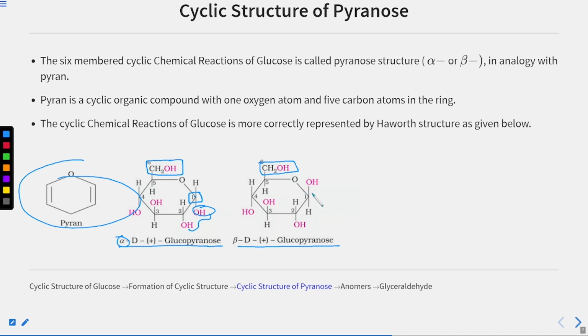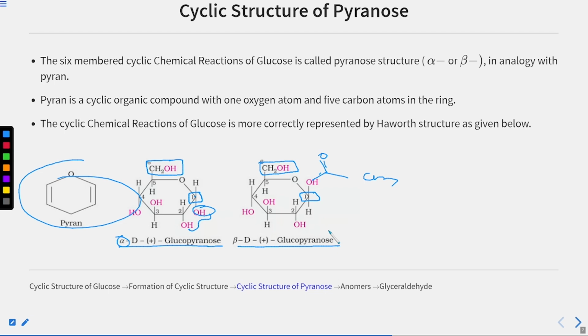Here we have the first position and the OH group is present and it is free. How could it not be free? Suppose it was attached to a CH3 group. Then it would not have given the Fehling's test or Tollens' test. But since we have a free OH group at the first position, it will give the Fehling's test, the Tollens' test or the Benedict's test.